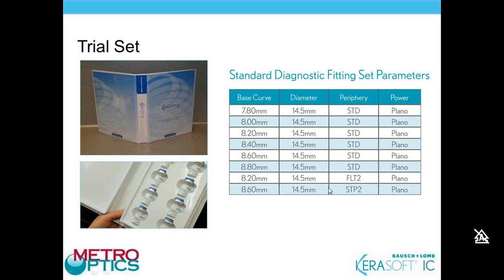This is an 8.6, so it's a relatively flat base curve with a steep 2 periphery. What that means is that in the center the base curve is 8.6, but the periphery is equivalent to an 8.2 standard lens.